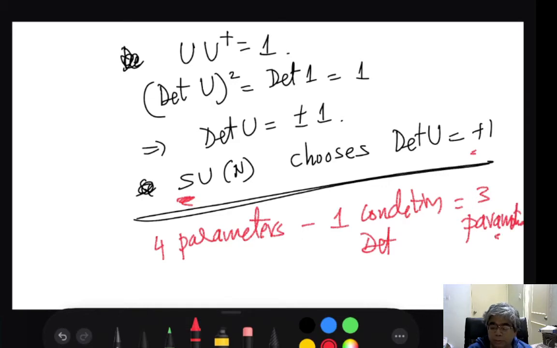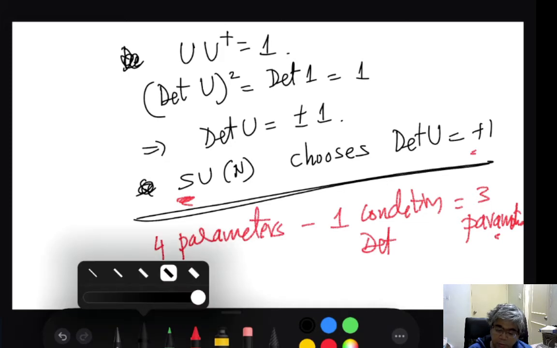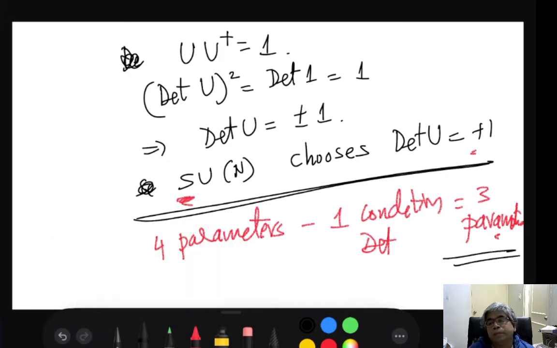So essentially, the group of unitary matrices of 2 by 2 dimensions, in general, can be described in terms of only 3 parameters. That's it. There are just 3 parameters.